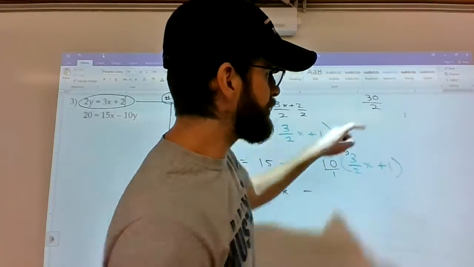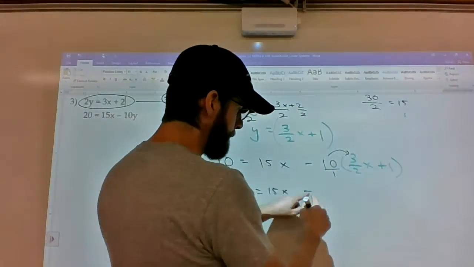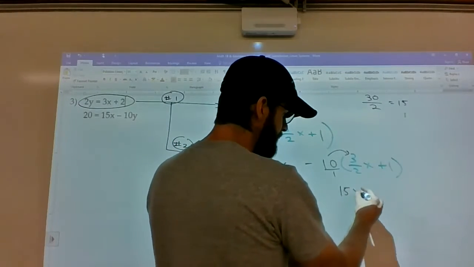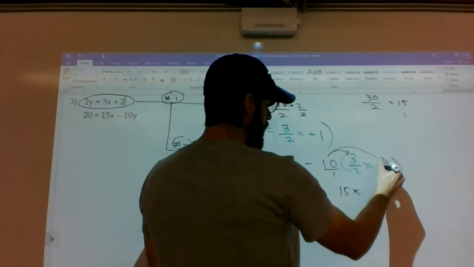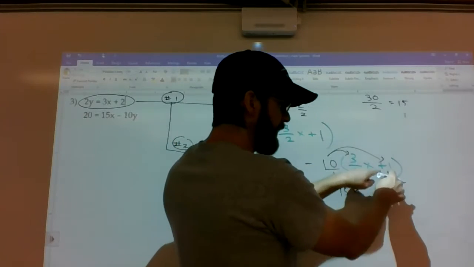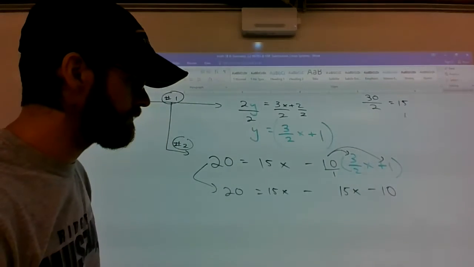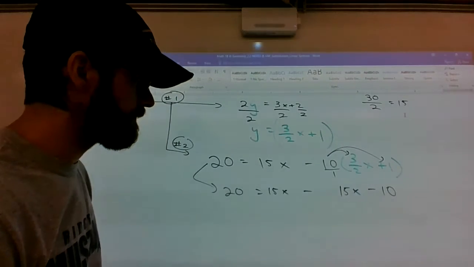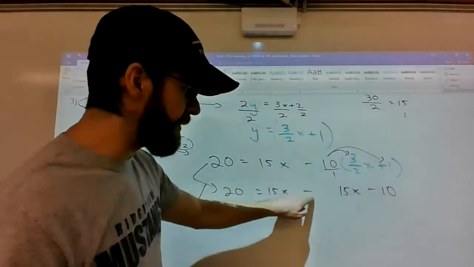So 30 divided by 2 is 15, and it had an x on it, so it's minus 15x. Okay, hopefully that makes sense. And then you take a minus 10 times positive 1. On the next line, you've got 15x minus 15x.